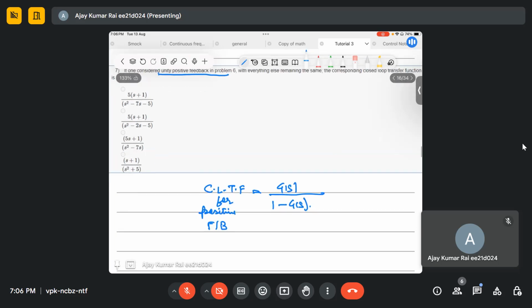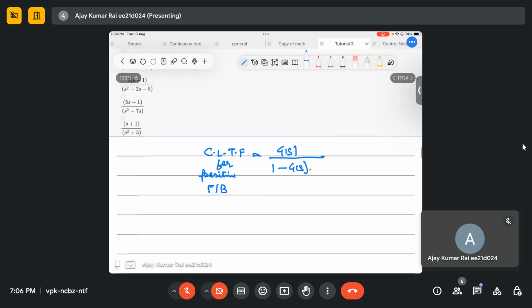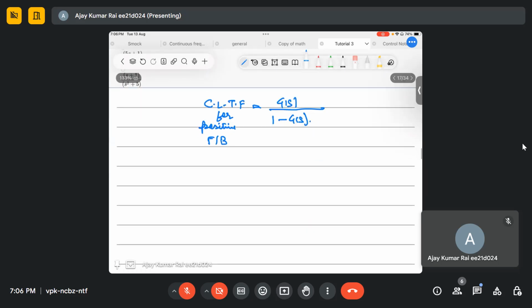So in the previous question we found G(s) by 1 plus G(s). So the only difference is that. Let's quickly find out.